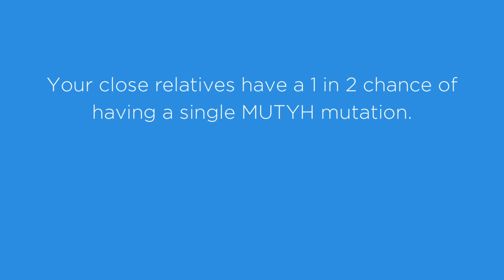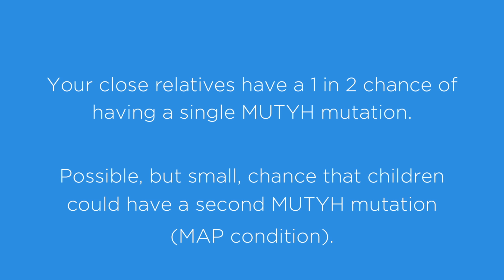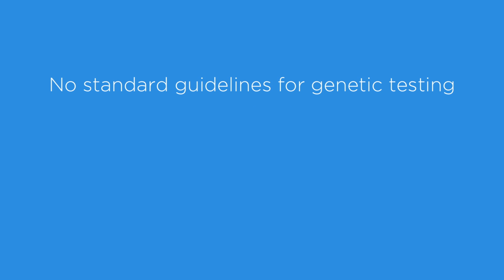Now that we've talked about what you should do if you have a single MUTYH mutation, let's talk about what your family should do. If you have a single MUTYH mutation, your children, siblings, and parents have a 50% or 1 in 2 chance of also having the same mutation. There is also a possible but small chance of children in your family inheriting 2 MUTYH mutations and the high-risk MAP condition.